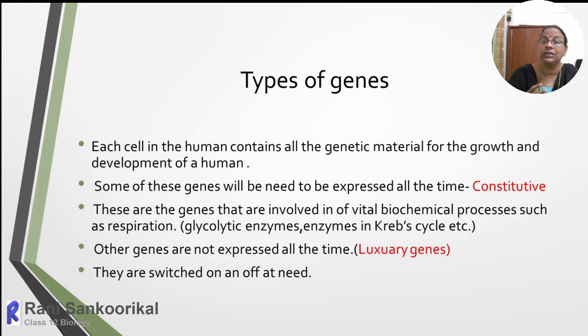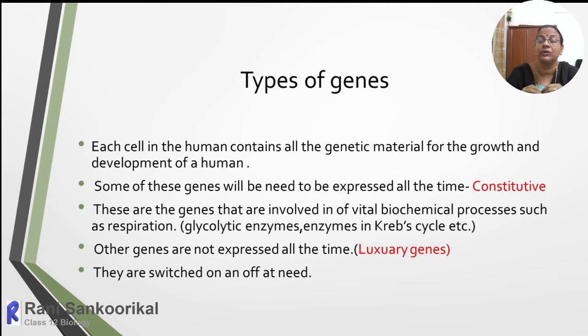If we are taking an example, it is the glycolytic enzymes and Krebs cycle enzymes, which are needed for the production of energy. These enzymes are essential because, with the help of these enzymes only, glucose is first converted into pyruvic acid.